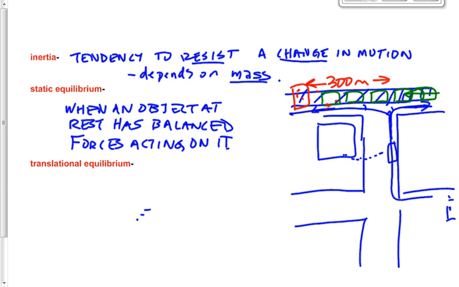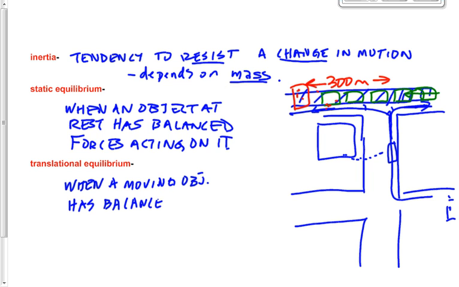Translational equilibrium means almost the same thing, but this is referring to when we have an object that's moving. When a moving object has balanced forces acting on it. This is the one that gives people a little bit of trouble.